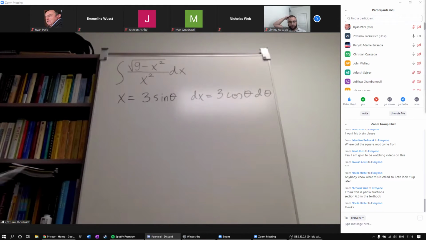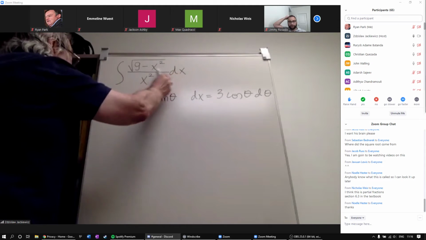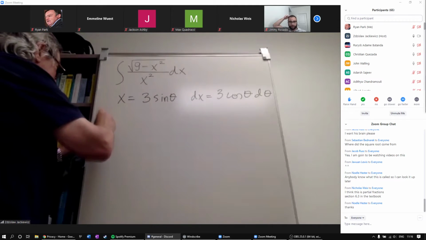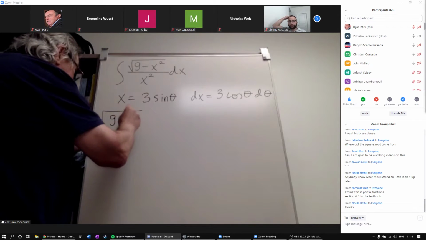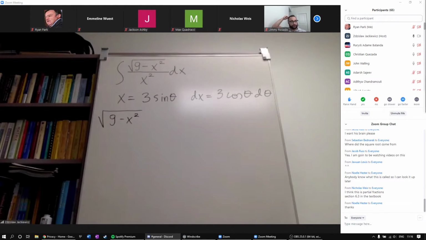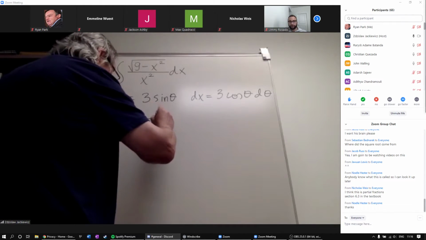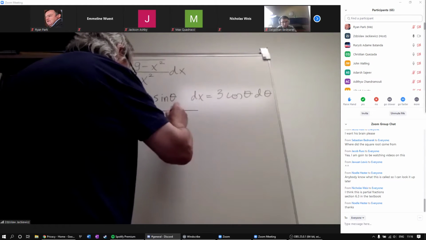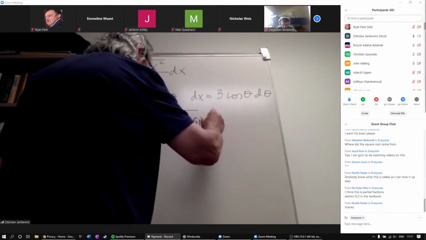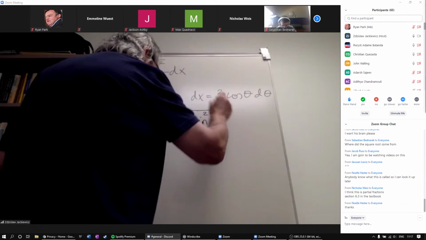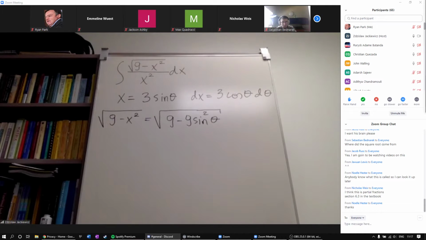And now let's see what is this on the side. Let's compute very carefully to explain all the points. Let's compute this. The square root of 9 minus x squared is equal to the square root of 9 minus 9 sine squared theta.